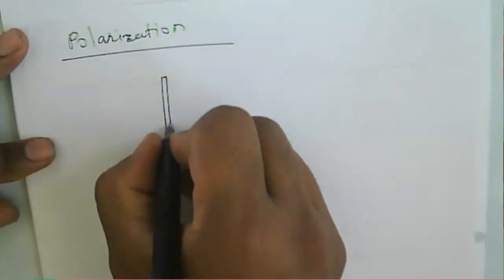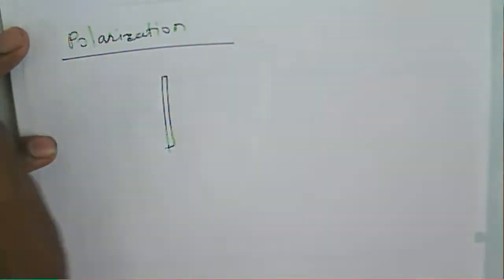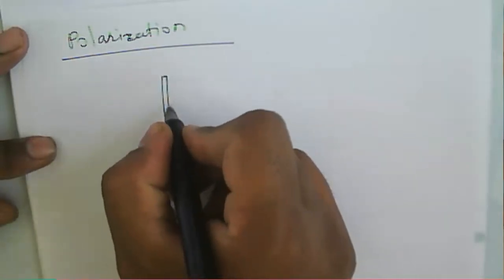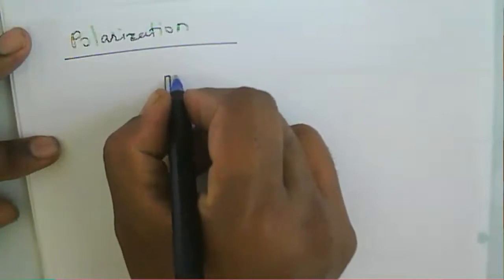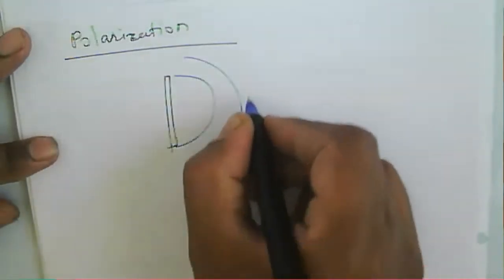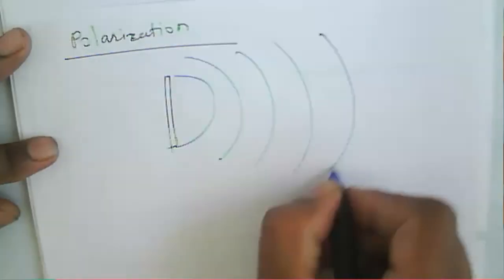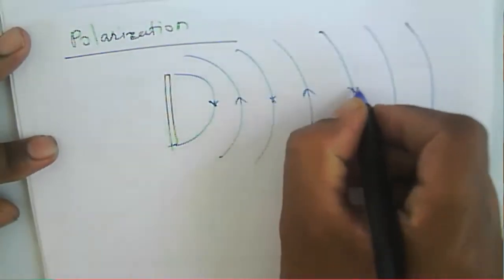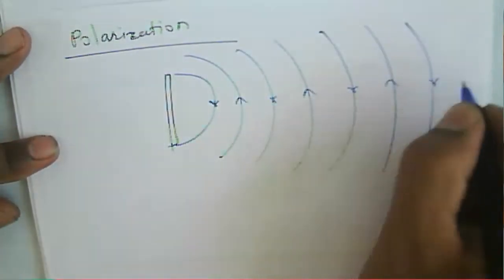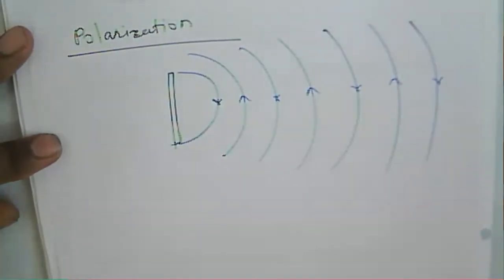Suppose this one is your dipole. Around that, we can consider that the electric field is like this. This is your electric field.